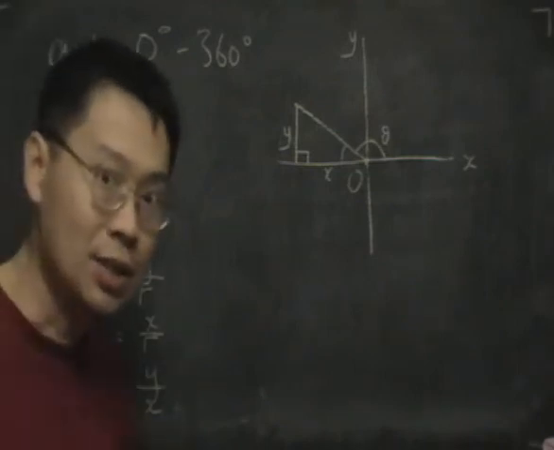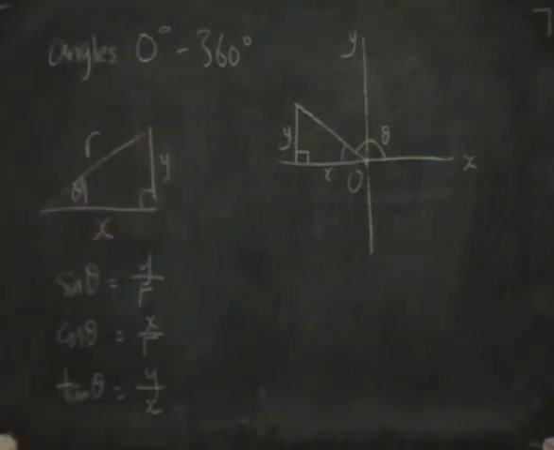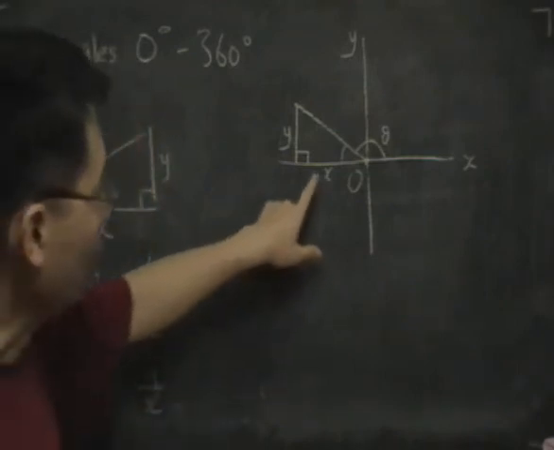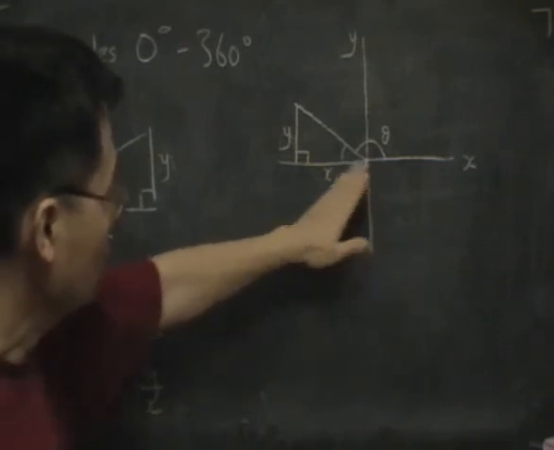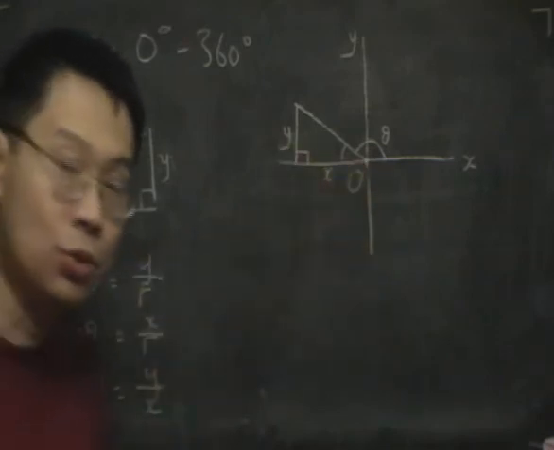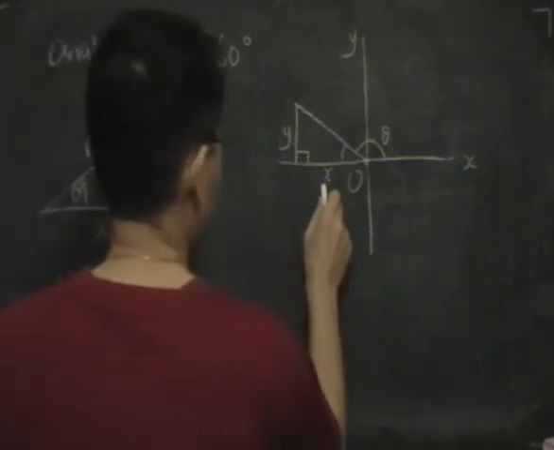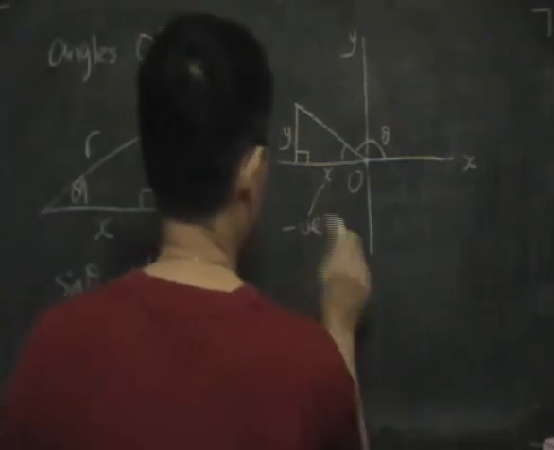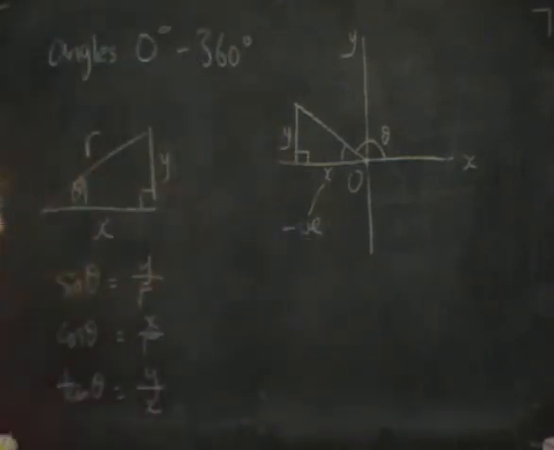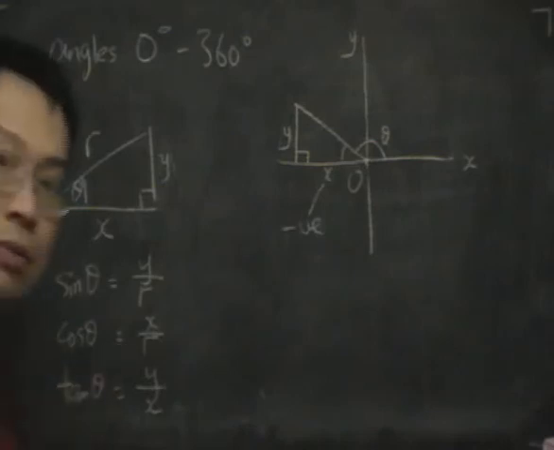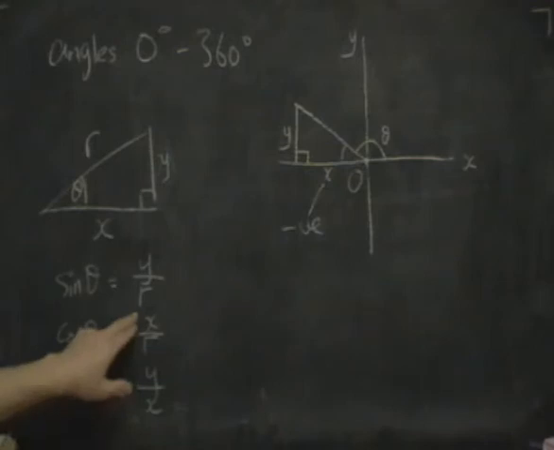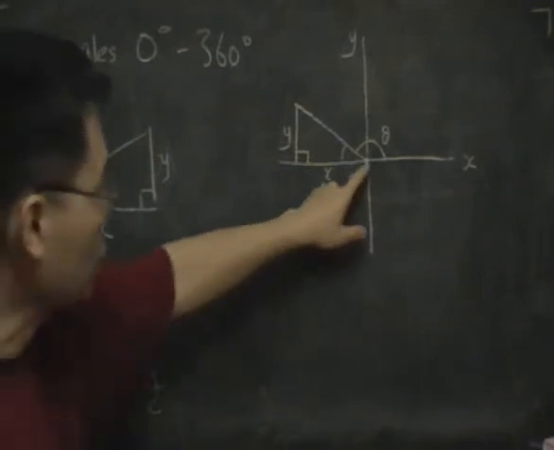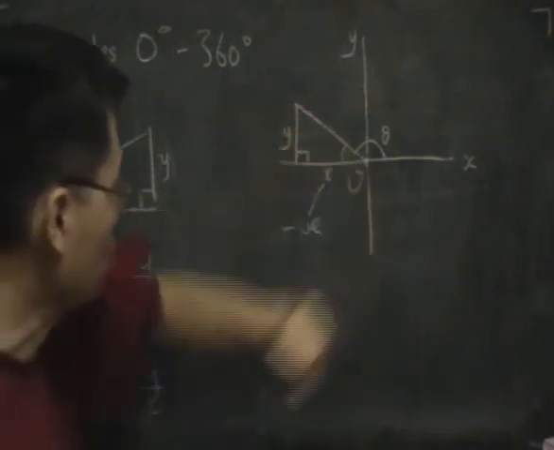But the answer could be different, because if I have the x on the left side of this graph, the x here is actually a negative number. So that means that if I look at cosine, for example, cosine is x over r, the adjacent divided by the hypotenuse.